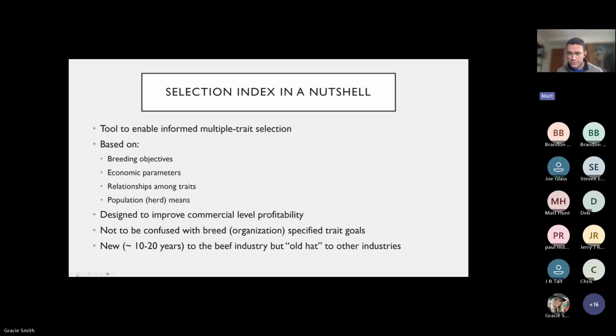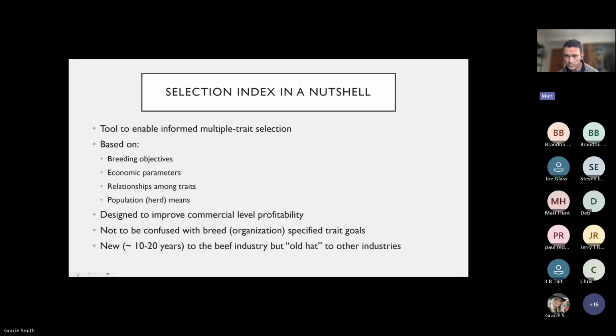Selection indexes are relatively new to the beef industry at large, so over the past decade or two. But I'd point out they are considerably old hat, if you will, to other livestock industries. So I think about poultry and swine, as an example, who would have been making selection decisions based off of selection indices for many, many decades.